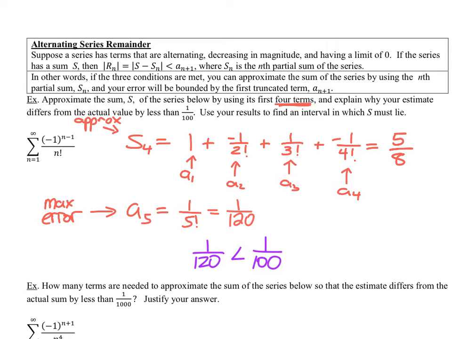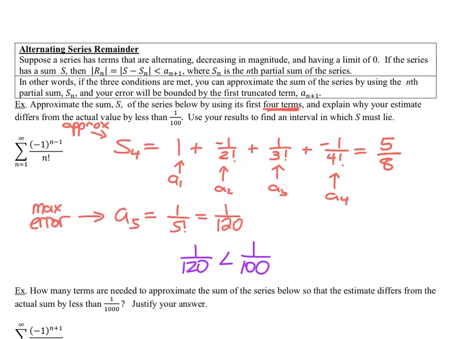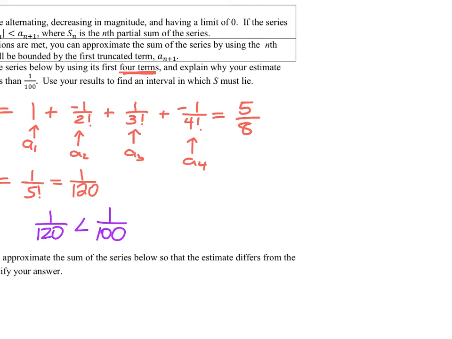So use the results to find an interval in which S must lie. That's where we generalize this. Let me do that in a different color. I'll do it in black. S minus S sub n, and n in this case is 4, has to be less than a sub 5.